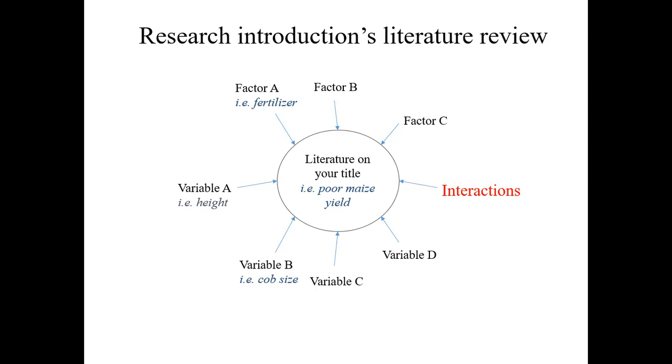The number of factors depends on the broadness of your study title. Maybe you are analyzing the effect of fertilizer, the irrigation water, and the spacing on the maize yield, and then you'll be measuring variable A, height, and the crop size, and variable C and variable D.